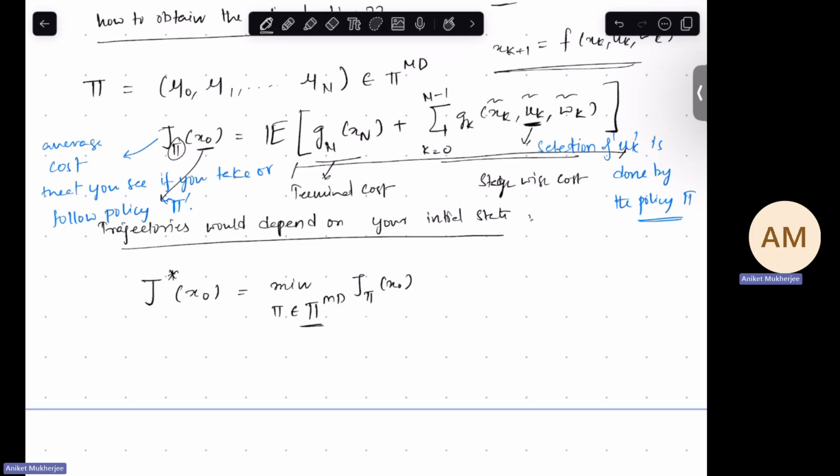In the space of all Markov deterministic policies, you want to find the policy which minimizes the total cost.